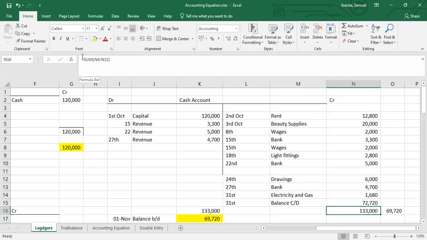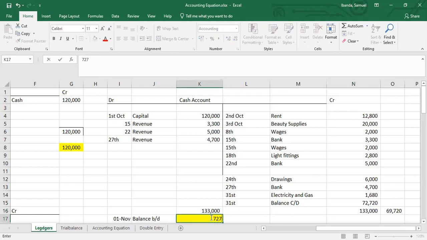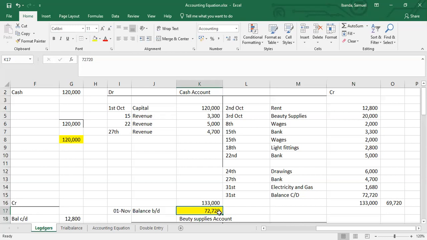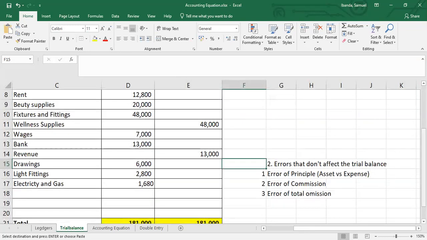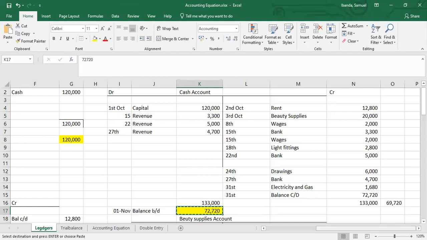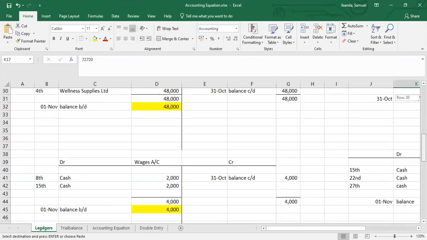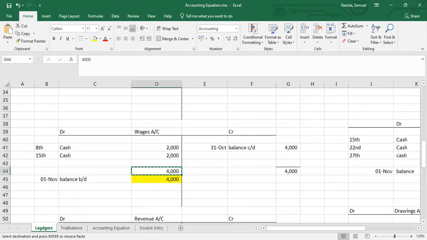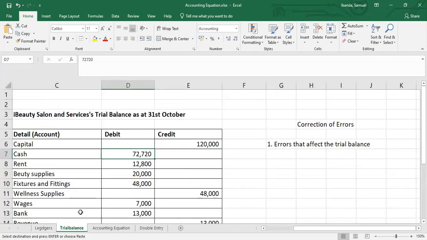So even this would also be 72,720. So if I transfer 72,720 from my cash, and then I also come to my wages and transfer 4,000, you're going to see what is going to happen.